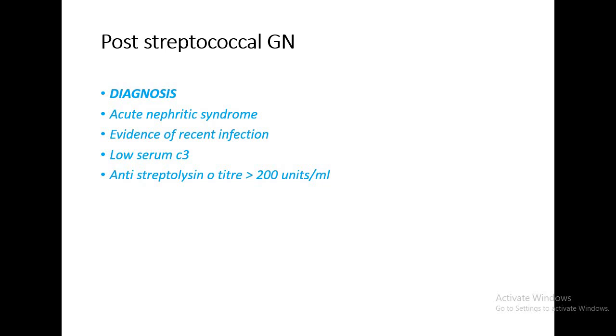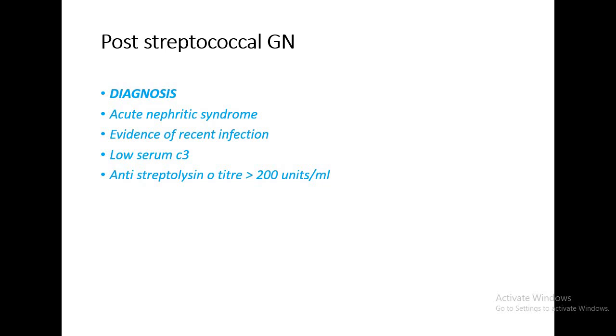How will you diagnose this case of post-streptococcal glomerulonephritis? So clinically, there will be features of acute nephritic syndrome, and there will be evidence of recent infection, especially with group A hemolytic streptococci. That will be confirmed by lab results of anti-streptolysin O titer, which is more than 200 units per ml. And also because of complement activation, there will be consumption of complement, leading to low serum C3 levels.